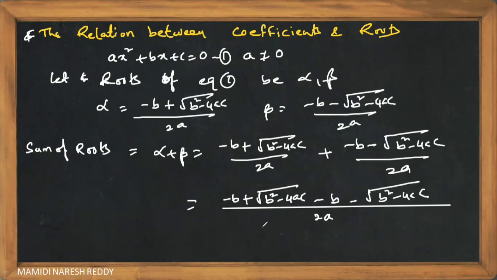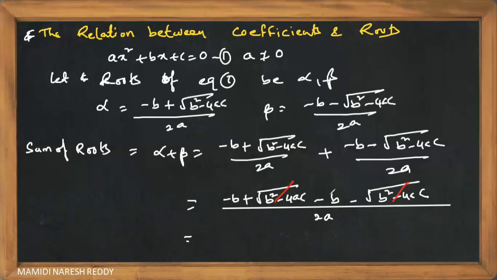Any doubt? Now see, children, here minus b, both have the same sign, so we can't cancel them. If you see the root term, this root term is positive and the other is negative, so can we cancel them? Yes, I'm canceling this. Canceling is nothing but subtracting, so it will be 0. Then what will remain in the numerator?